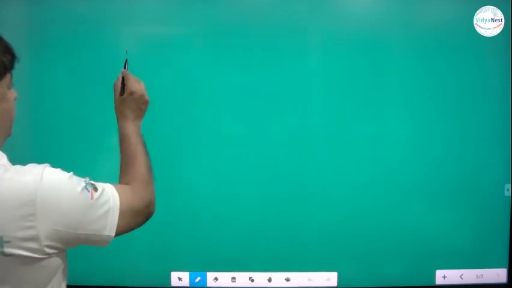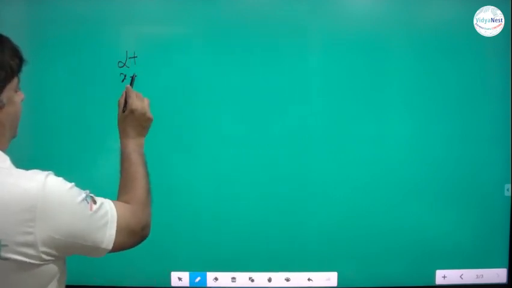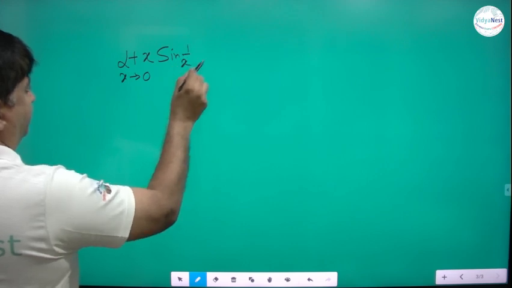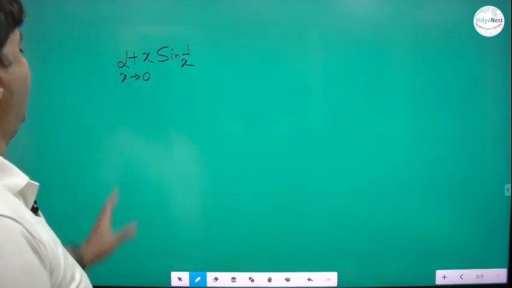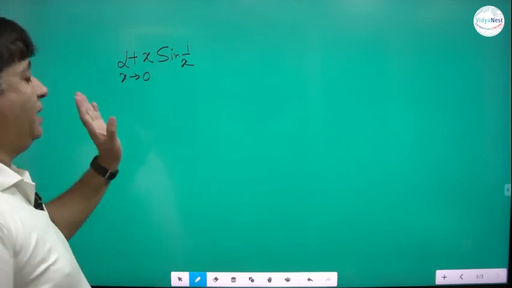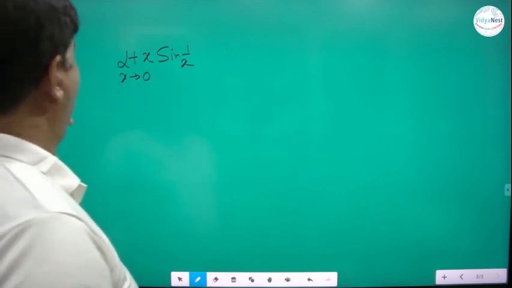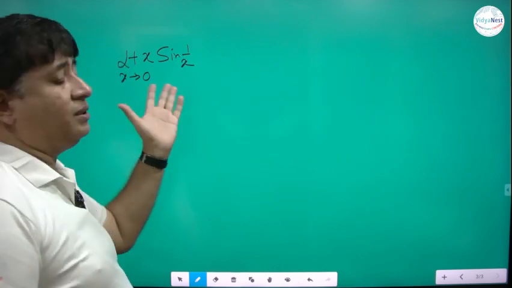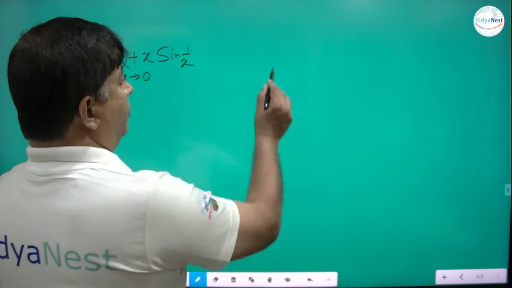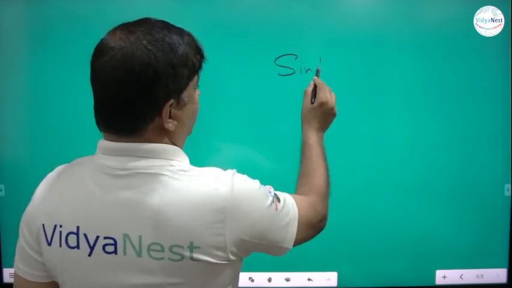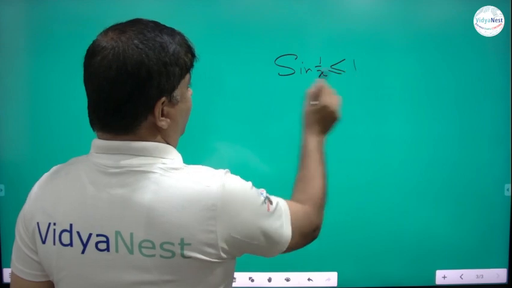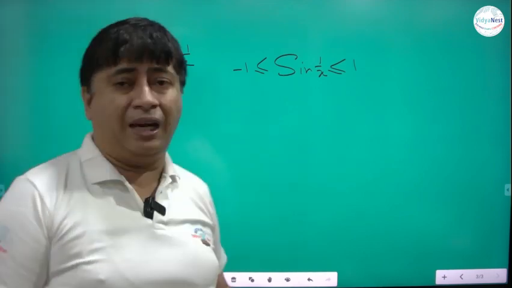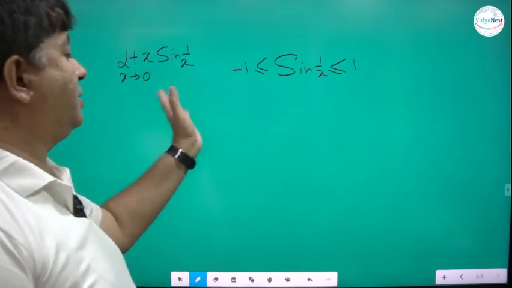See, suppose you are told to find the limit of x sin(1/x). You can do it any way, but I am explaining this with the definition of the limit. We know sin(1/x) lies between plus 1 and minus 1, because we know the range of sine theta is plus 1 to minus 1.